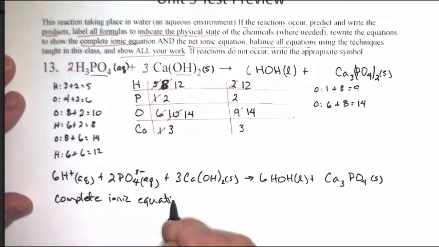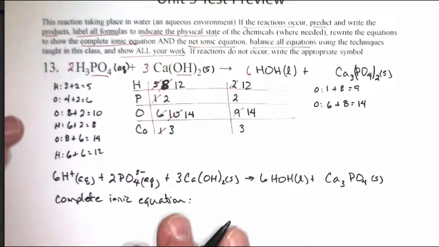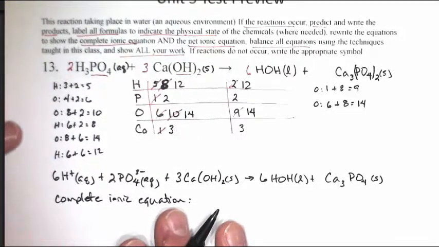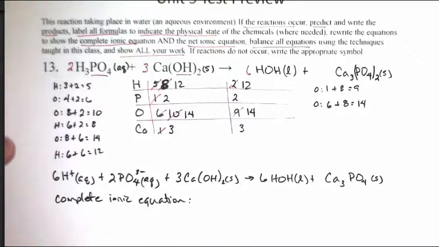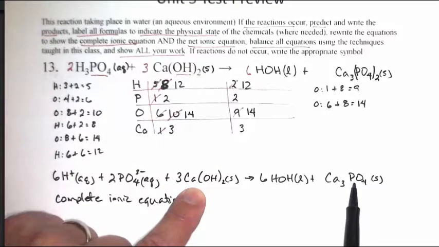Now for the net ionic equation, I need to keep everything that changes and get rid of anything that stays the same. Right? So tell me what to get rid of. Calcium. Well, calcium is a compound here. It's in a different compound over here. It didn't change.